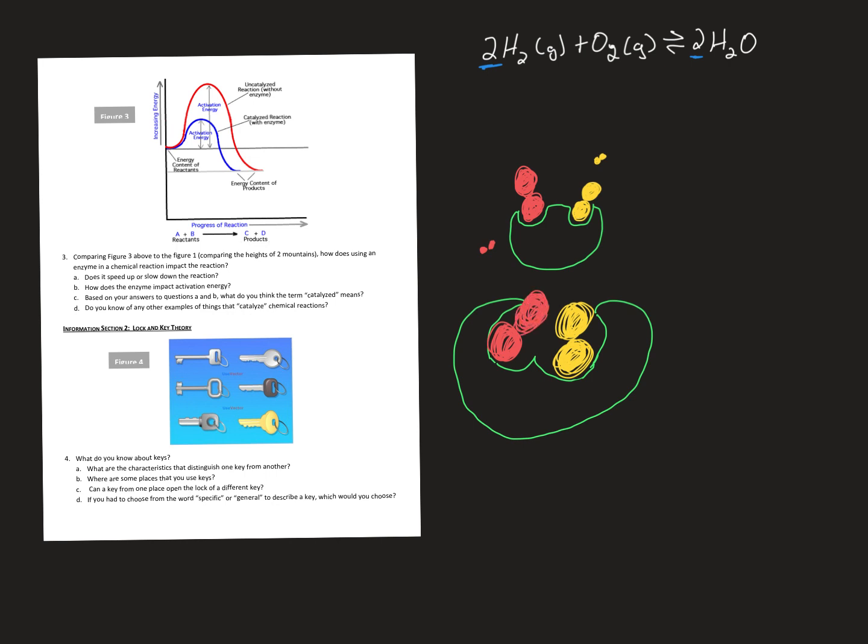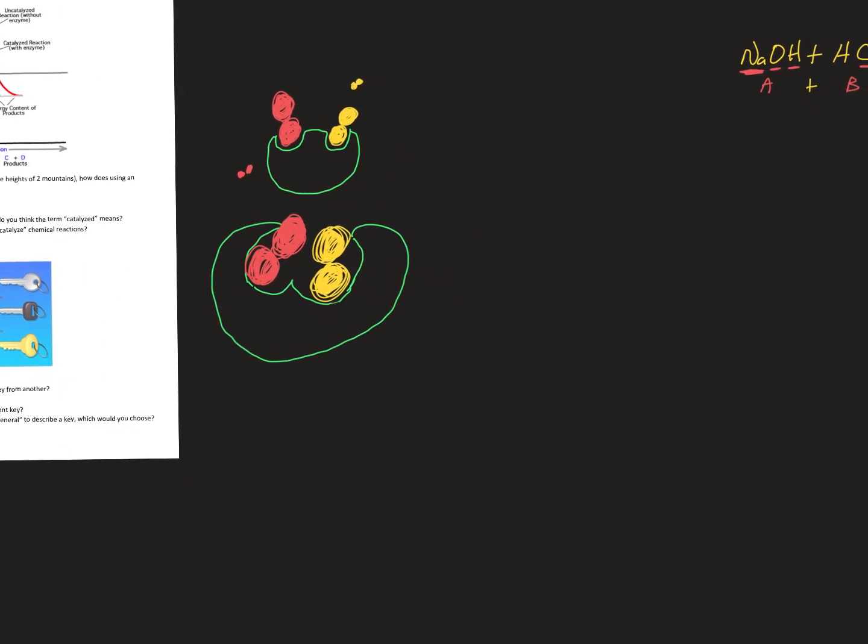The environment's such that the amount of energy required to get these two to have a chemical reaction is a lot easier to reach. I mean, it's a lot lower. And because it's a lot lower, it happens.